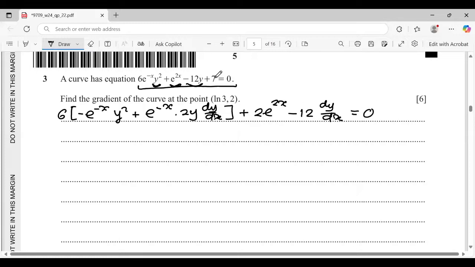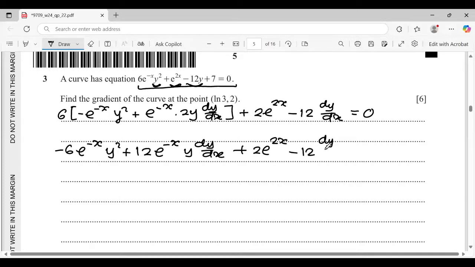After that, the differential of e to the power 2x is 2e to the power 2x, minus the differential of this one, minus 12 dy/dx. 7 becomes 0. And next, multiply 6 times this expression, it becomes minus 6 e to the power minus x y squared plus 6 times 2, 12 e to the power minus x y dy/dx plus 2e to the power 2x minus 12 dy/dx equals 0.